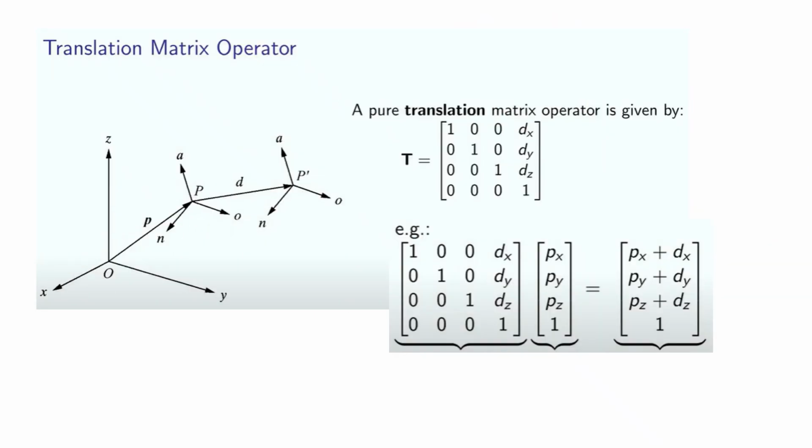Okay. So next, how do you represent the translation matrix operator? Already I have shown you, this is my pure translation. This pure translation has no orientation. Orientation is nil, zero orientation, but you have a translation that is represented by dx, dy, dz. So this is the point.